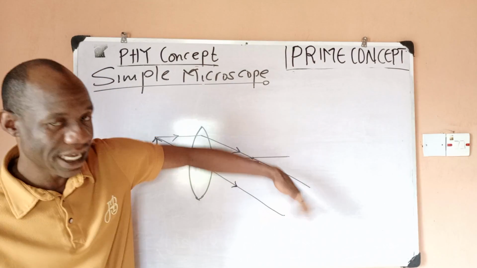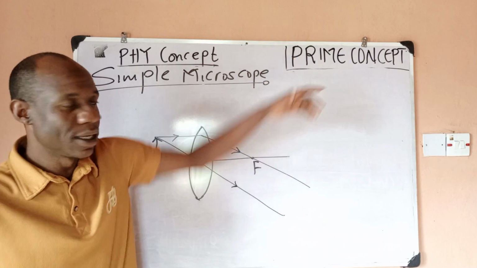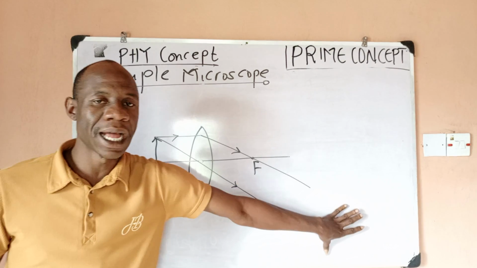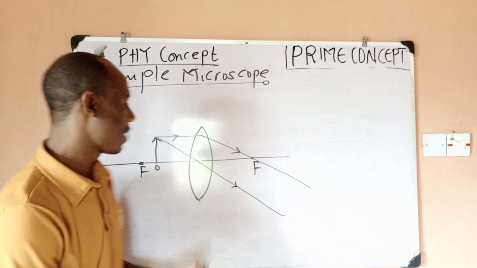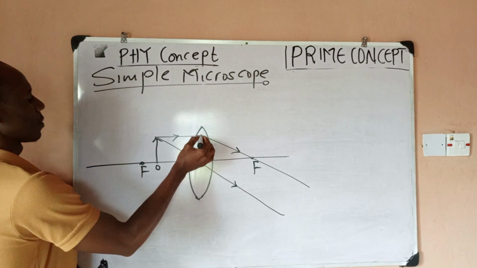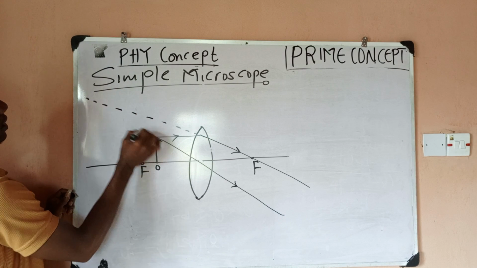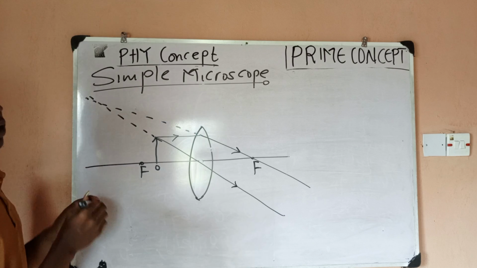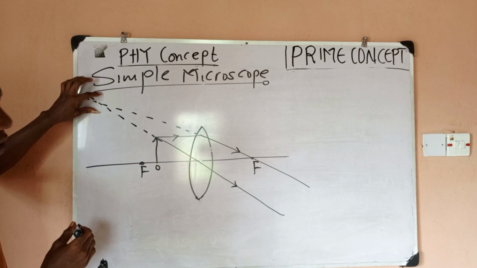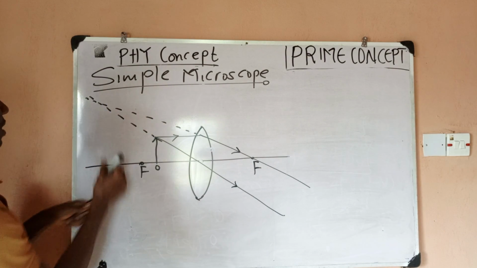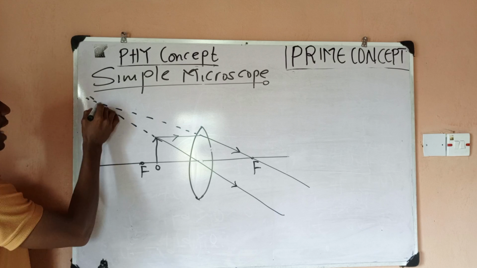They are spreading away, meaning that they will not meet at any point on this side. So I trace them backwards, like this, and like this. You notice that both of them meet somewhere on the same side as the object. So where they meet is where our image is formed.